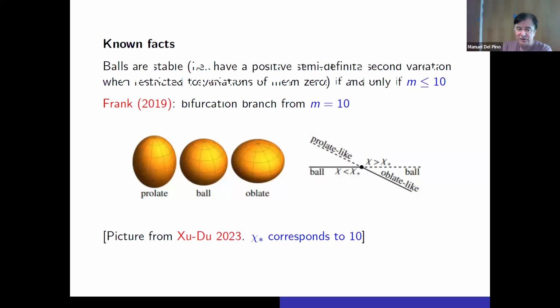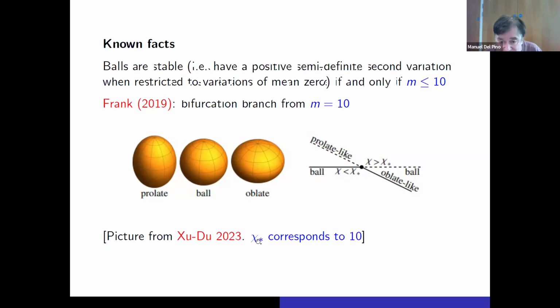Let me mention some known facts concerning the loss of stability, with a little bit more geometrical flavor. The ball loses stability when the mass, sorry, this notation corresponds to a recent paper by Xu and Du, 2023. This number chi star, please imagine it is the mass.